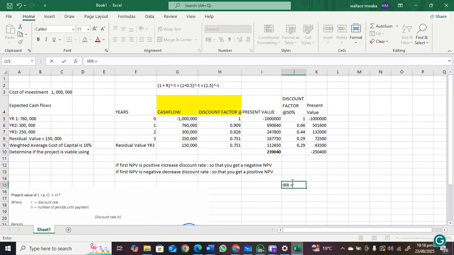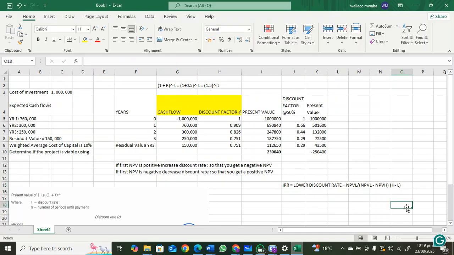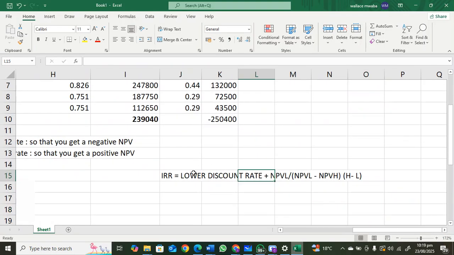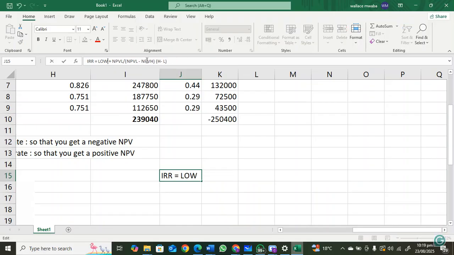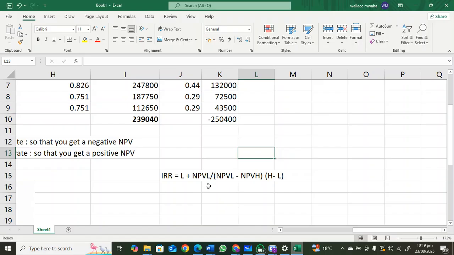Remember, the internal rate of return is the lower discount rate plus the net present value with the lower discount rate, divided by the net present value with the lower discount rate minus the net present value with the higher discount rate, multiplied by the higher discount rate minus the lower discount rate. That is the formula.